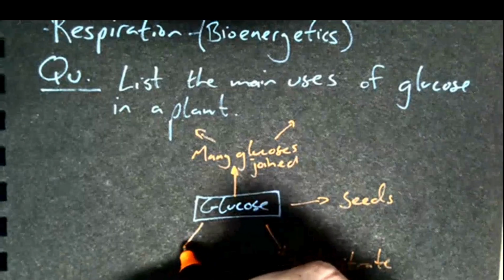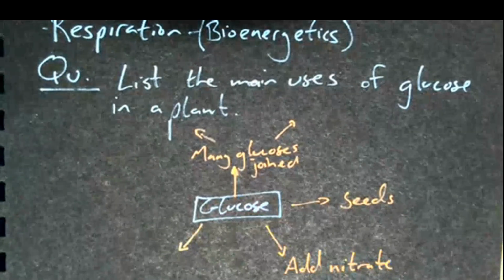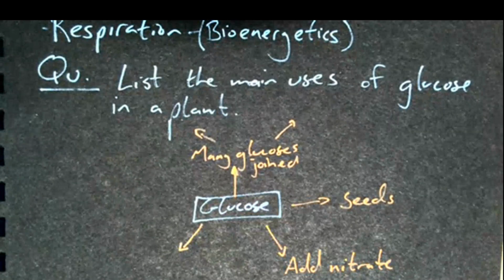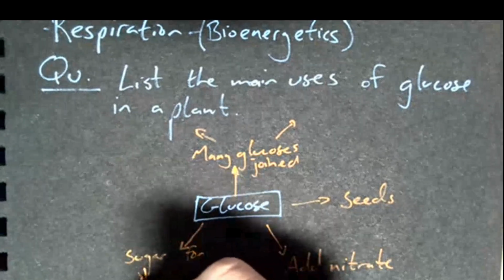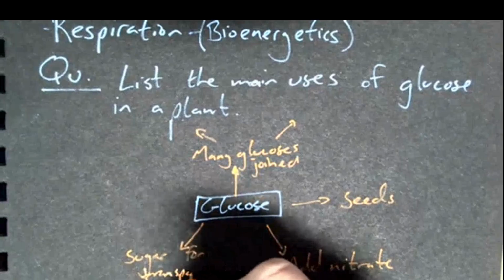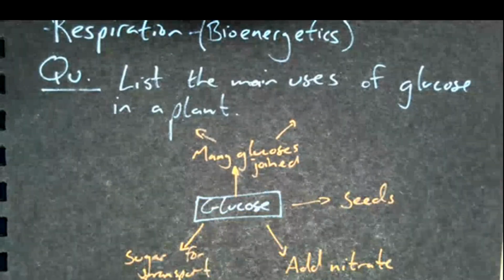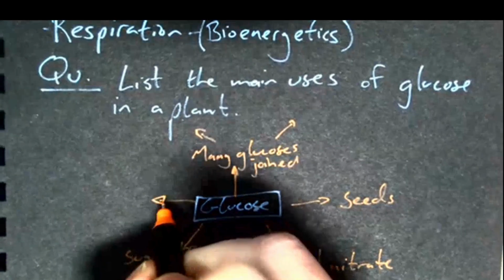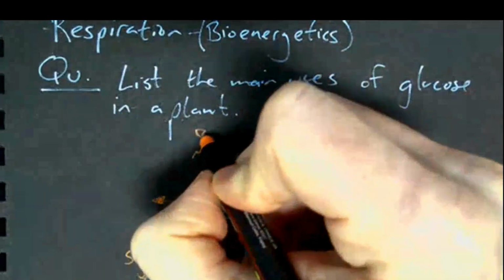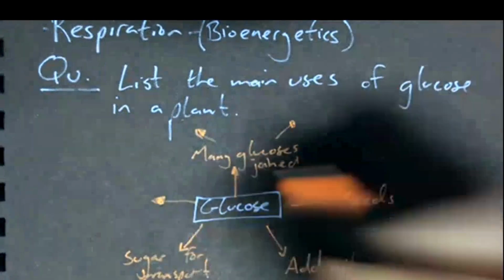We can actually turn it into a different type of sugar that is then transported around the plant. Do you know the name for that? And then finally, the thing that we're going to be talking about today. So see if you can add to that.